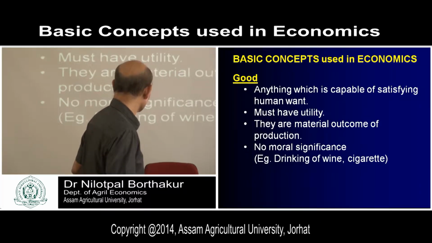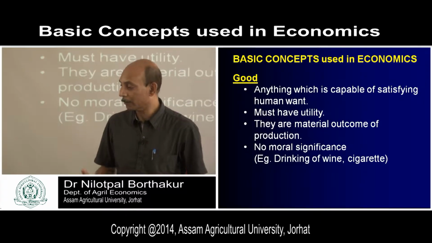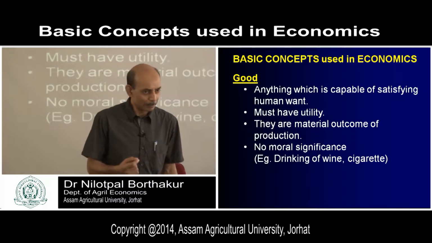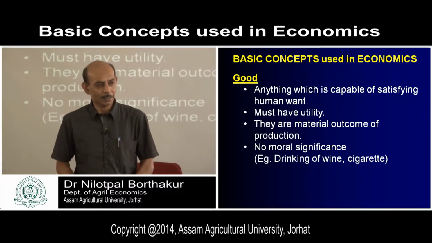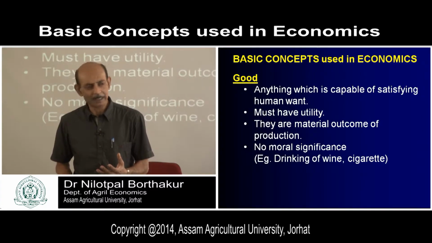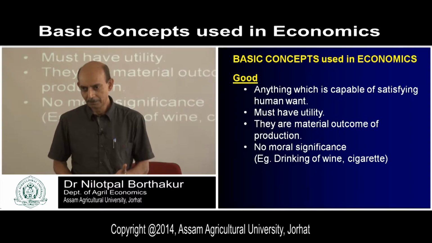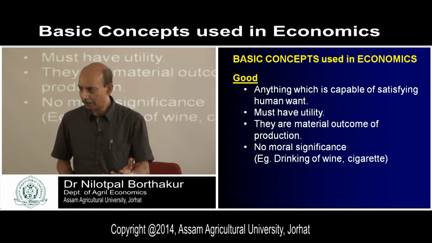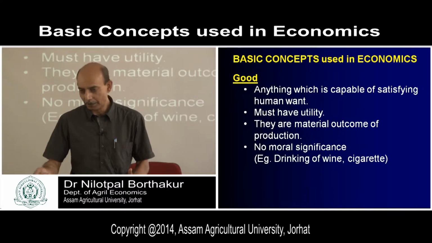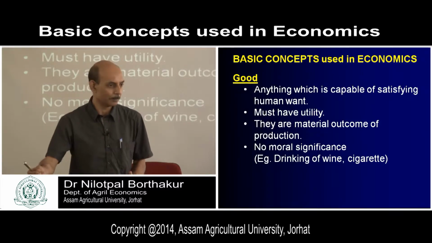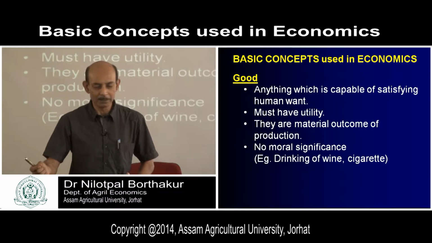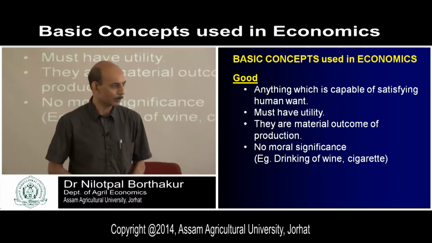Good is anything which is capable of satisfying human want. If you desire something, anything that can satisfy your desire, that's a good. It may have commercial value, it may not. A pen doesn't have any commercial value. It is meant for personal use.